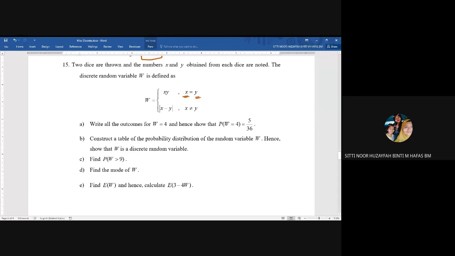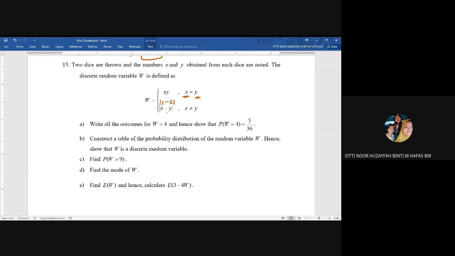So let's say if we get 1 from the first die and 2 on the second die, we just have to find the difference. So 1 minus 2, and we take the absolute value because we want the difference. The sign is not important. Why? Because the difference can be y minus x, right?